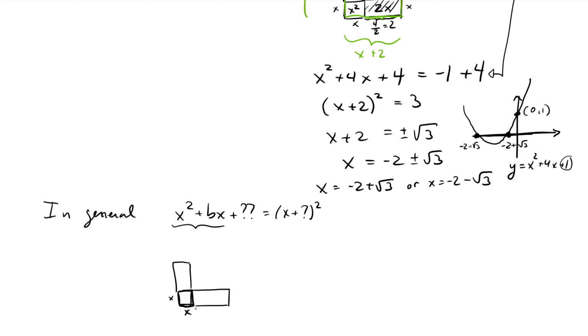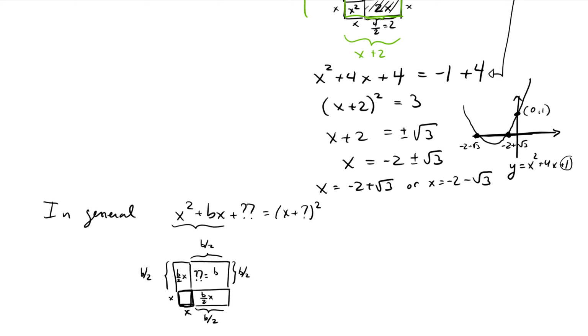So that has to be of length b over 2, and so is this, b over 2, so that the area of this one here is b over 2 times x. This is b over 2 times x, so b over 2 times x plus b over 2 times x is going to give us our bx. And to complete the square, the term I'm looking for, its area is the area of the square that's b over 2 times b over 2.